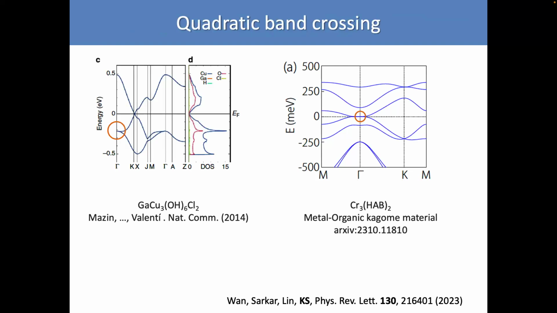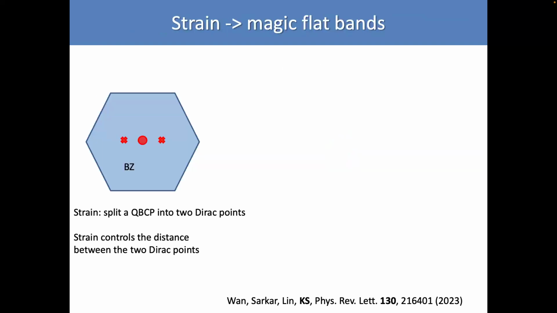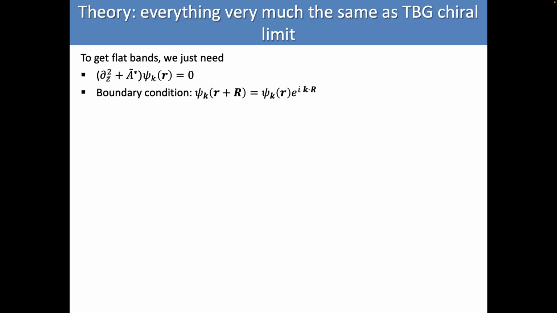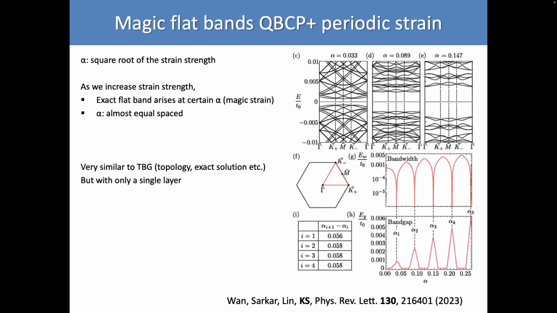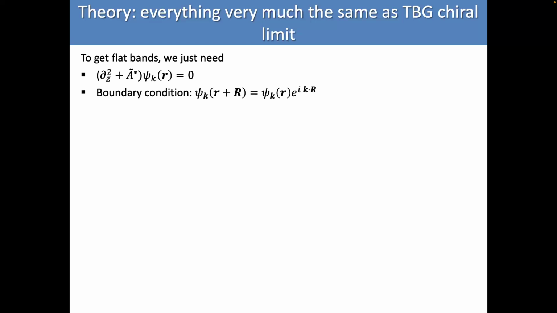So if you use such a material with just a single layer, then apply a periodic strain, the horizontal axis here is periodic strain, it will give us 0 bandwidth. And this flat band also has ideal quantum geometry, can also go to the chiral limit, and the Berry curvature distribution for the second magical band here is 1 order of magnitude flatter than twisted bilayer graphene. So presumably it will give us fractional states with even larger gap.